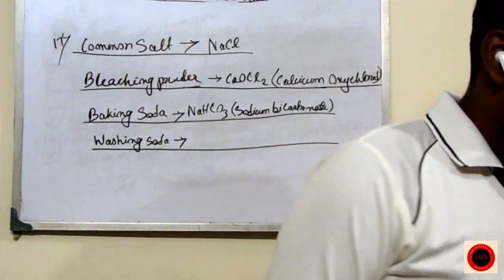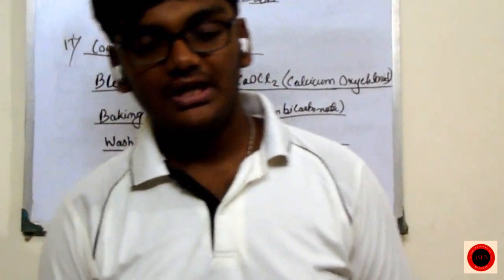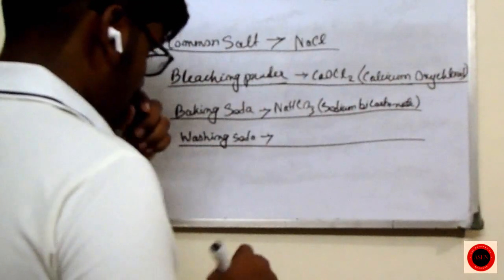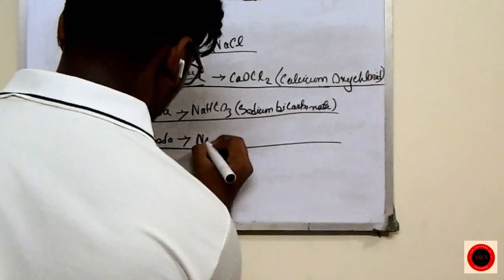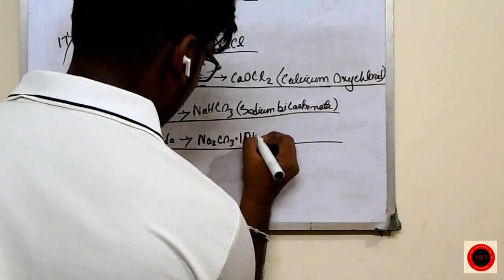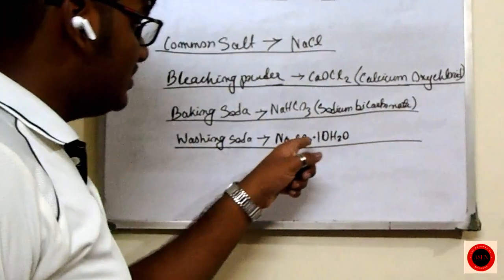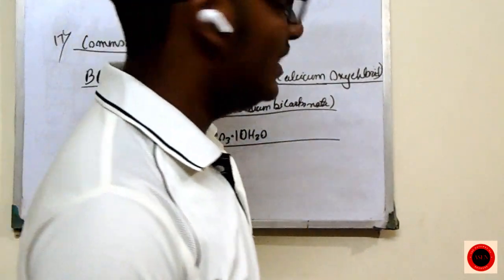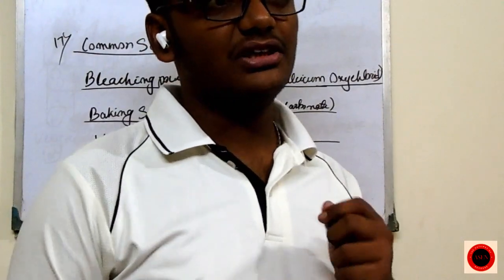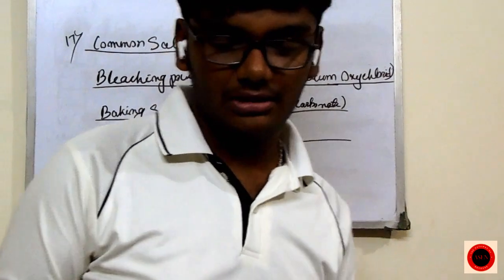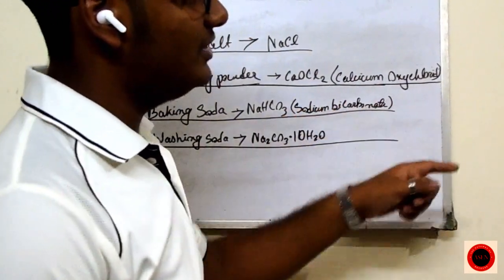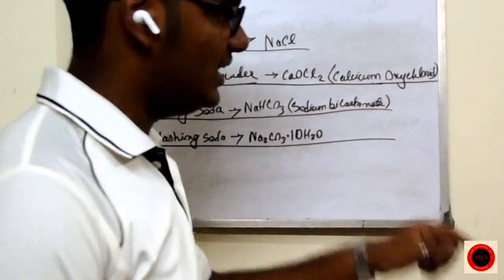Washing soda is Na2CO3 dot 10H2O, that is sodium carbonate dot 10H2O. What does this dot 10H2O mean? That it is present in crystal form. Any crystalline compound contains this dot, half H2O, 5H2O, 3H2O, 10H2O.